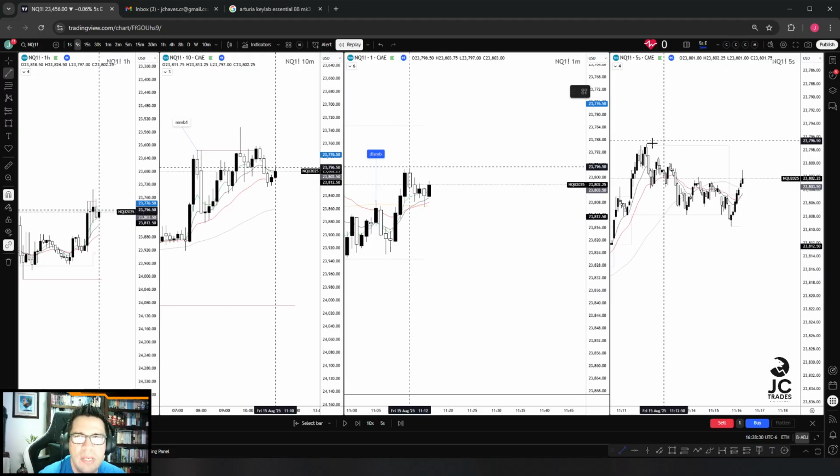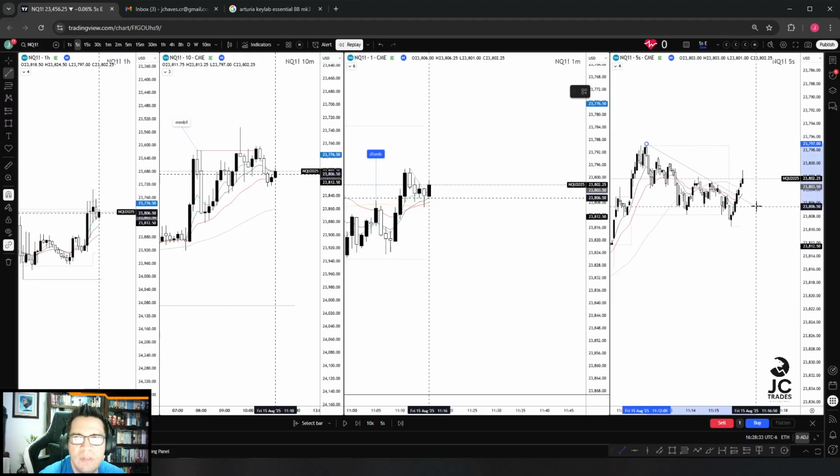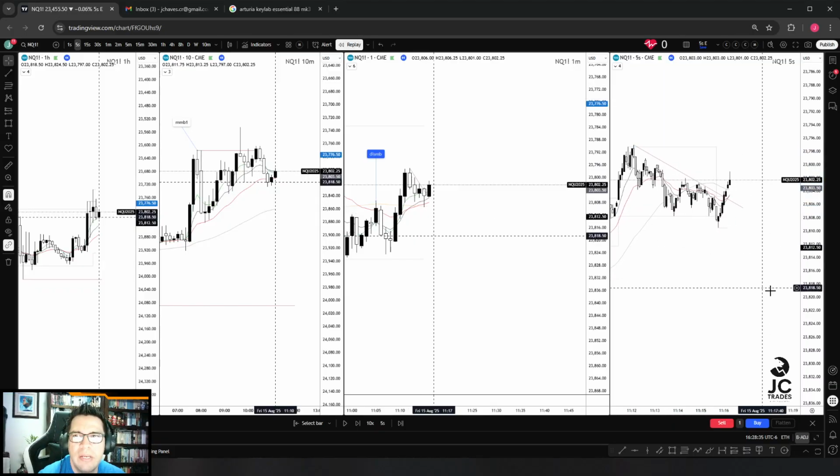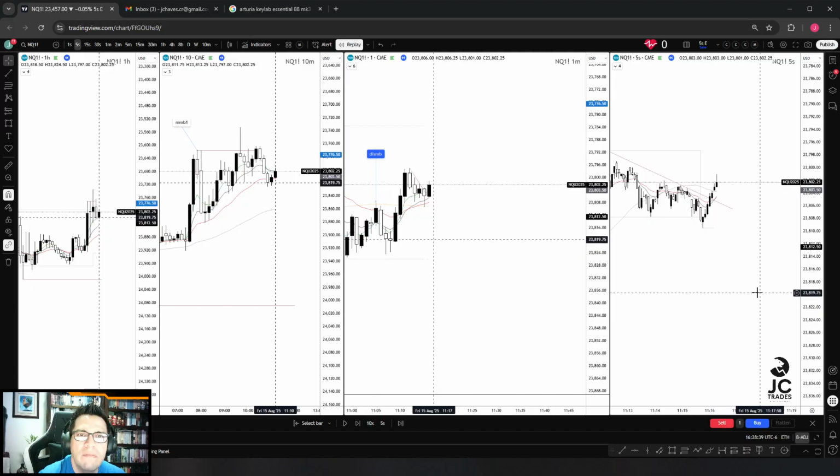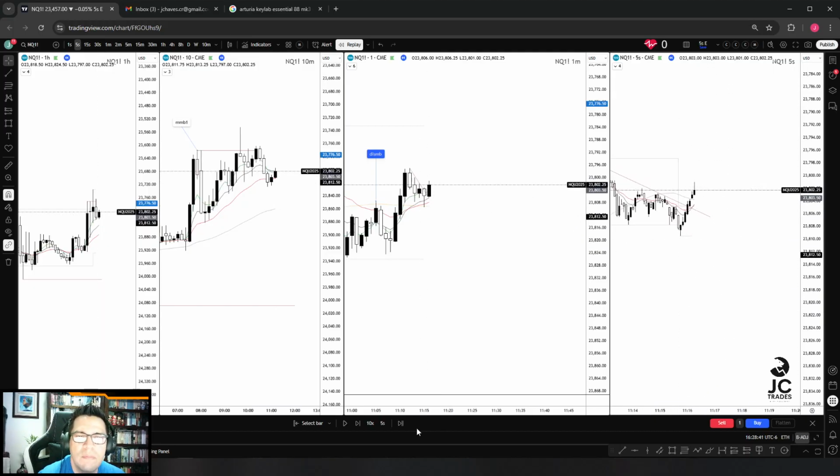Let's build a containment line. So this would have been the containment line at that time. And now we have to wait to see if there's going to be some sort of double MB building there.